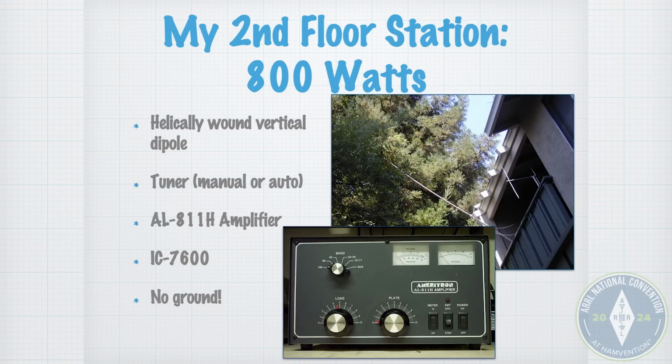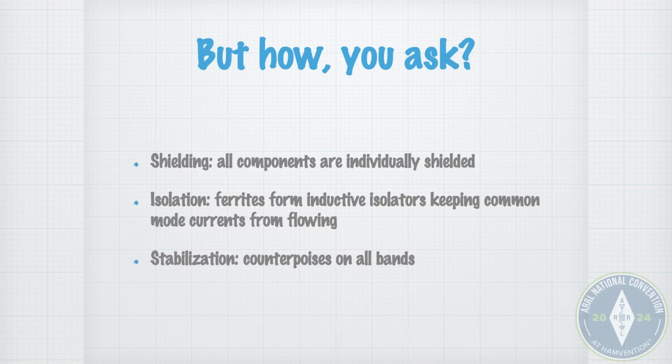I shielded things as much as possible, and the amplifiers were all shielded, and I made sure that shielding was tight. And then I put ferrites everywhere. I sprinkle them on every wire that goes everywhere, especially the ones that go into the house wiring. And then I had counterpoises for all bands, and I put them around the baseboards. And it worked great. It's kind of unbeatable.